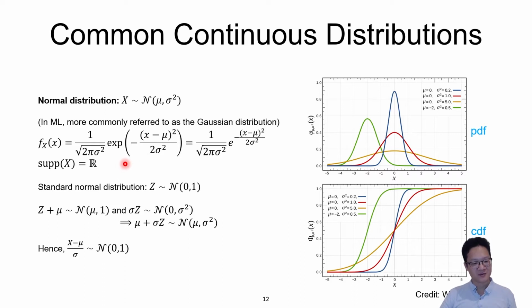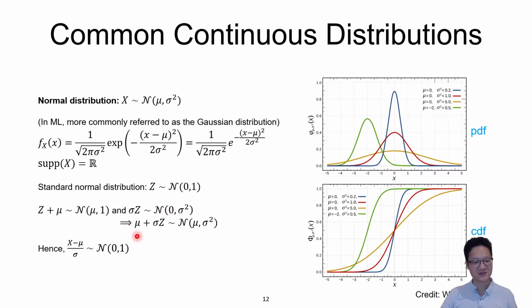A special normal distribution is the standard normal distribution, which has a mean of 0 and a variance, sigma squared, of 1. It's a property of Gaussian distributions that if you add a constant to a standard normal variable, you shift the mean by that constant. And if you multiply the standard normal variable by some constant sigma, then the variable becomes a normal distribution with variance sigma squared.